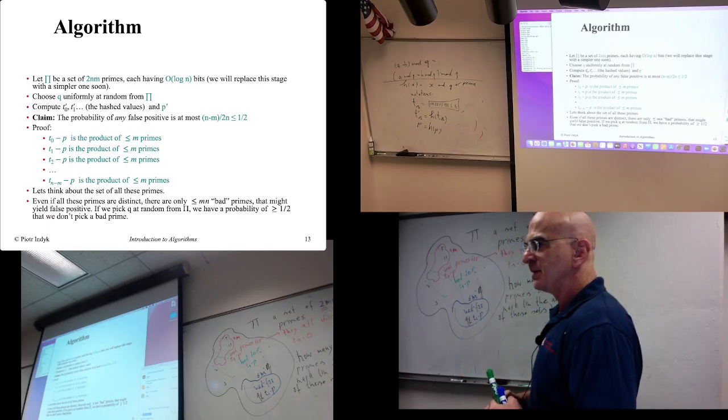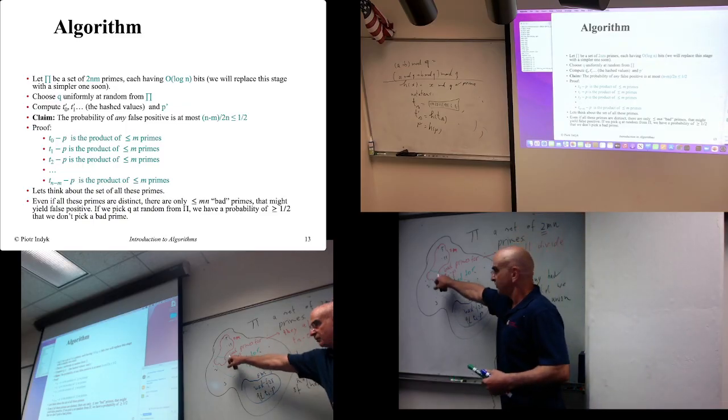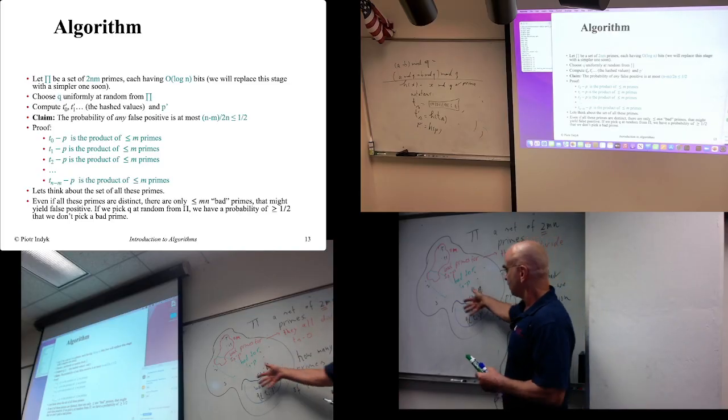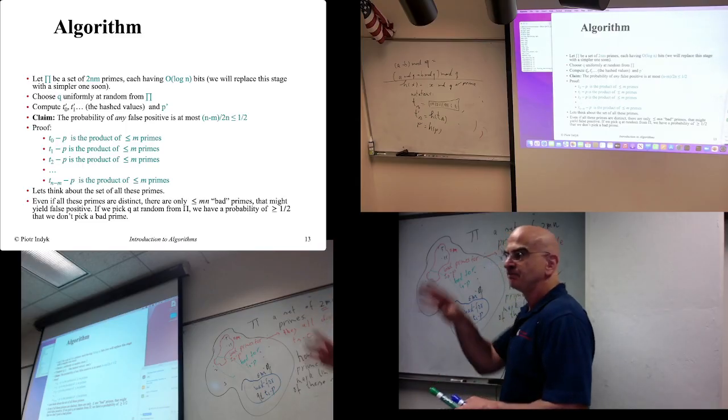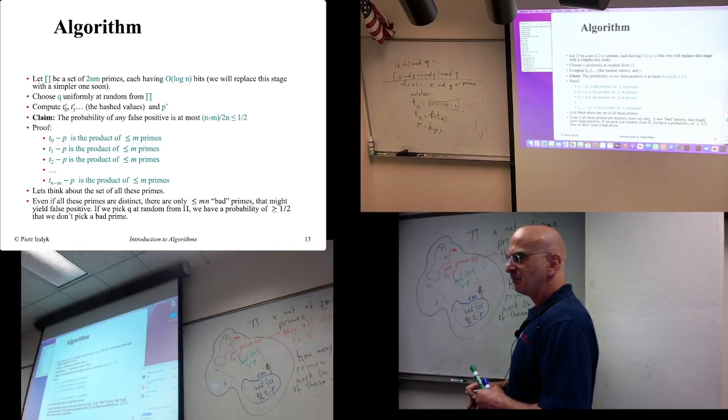Each one of them contains only m bad ones. Each shift contains only m bad primes. How many shifts do I have? N minus m actually, but let's say I called it n bad shifts.